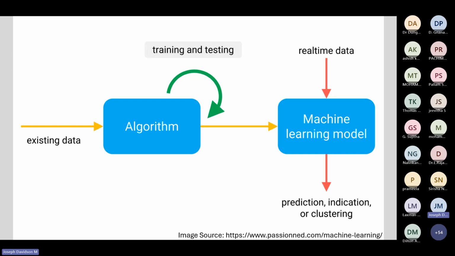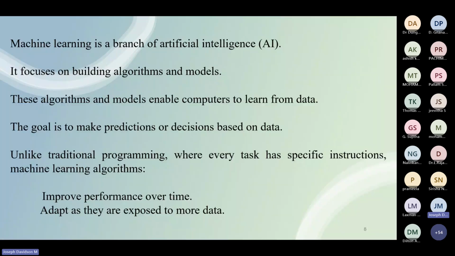So if the data is there and if it is good, we can take some of the data for testing, if a good amount of training has been done on the algorithm from the existing data. With that, we can train a model, and during this process, if you feel at any point that more data will add more insight into the problem, then real-time data also we can bring in.